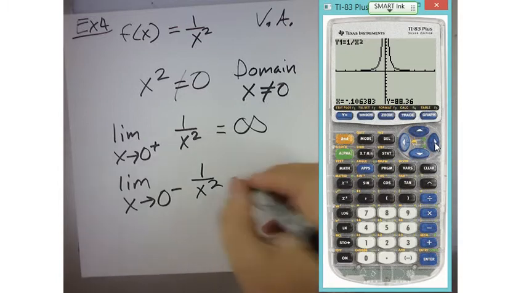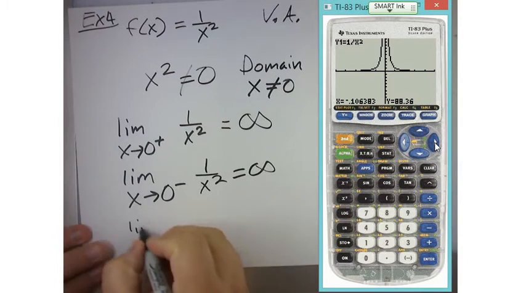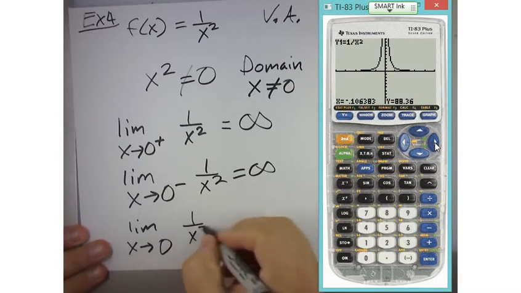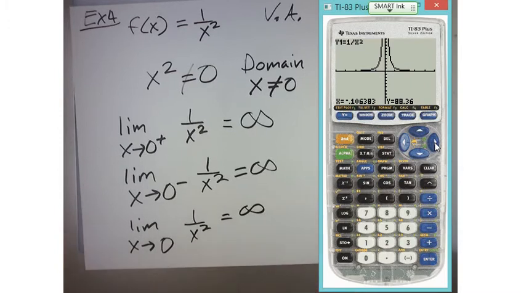Infinity. Well, if my left-hand limit and my right-hand limit both approach infinity, what is my two-sided limit? Infinity, even though it never actually crosses. Does that make sense? Yeah.